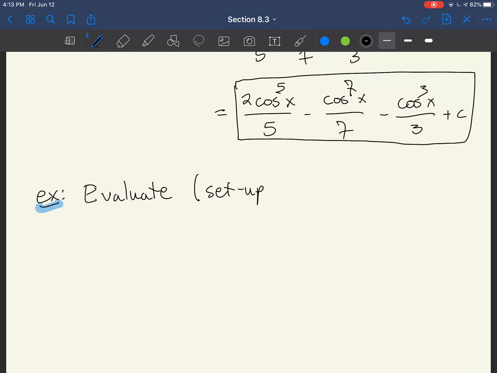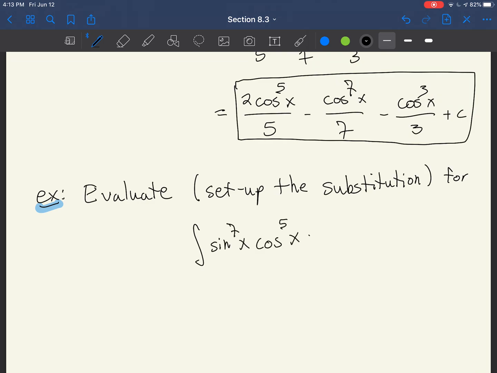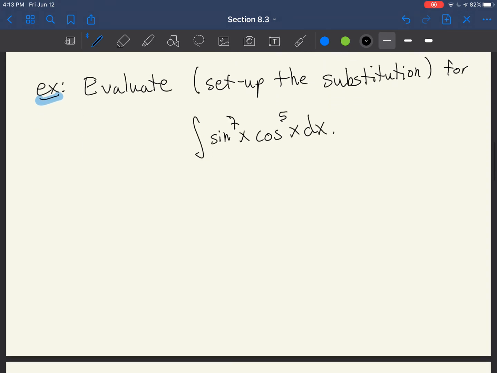And by evaluate, this one gets a little bit messy, so we will just set up the substitution for the integral of sine to the 7th x cosine to the 5th x dx.